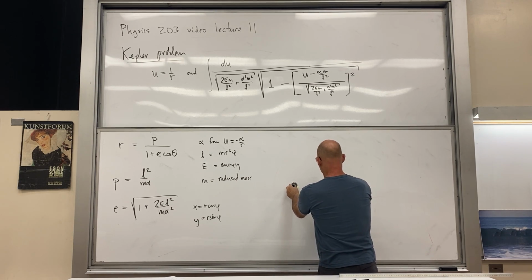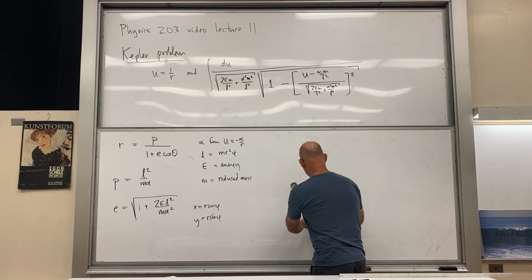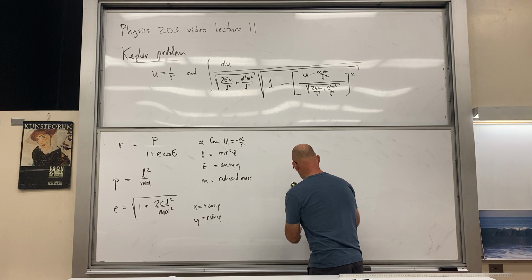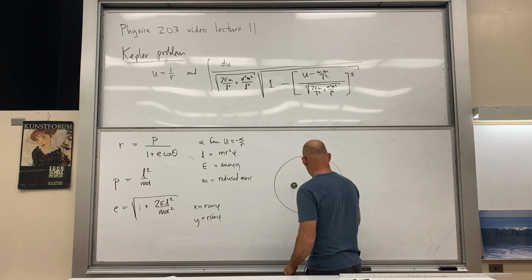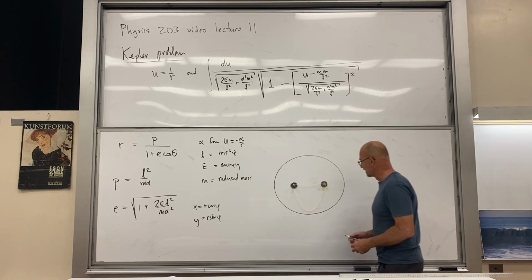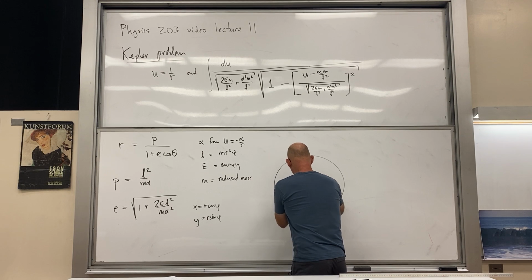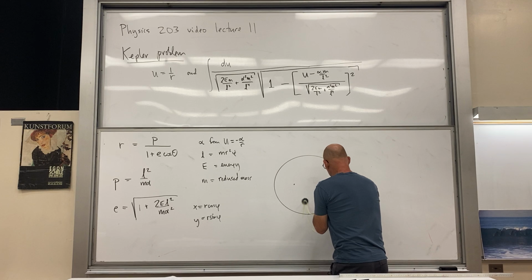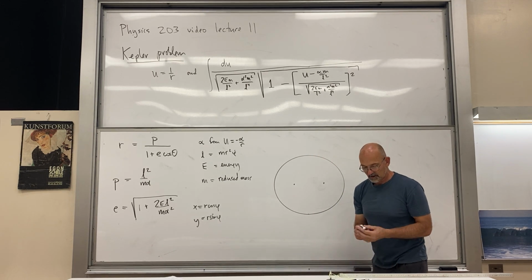So I'll put them apart like so. There is our ellipse. We've got a focus right here, and we've got a focus right here.